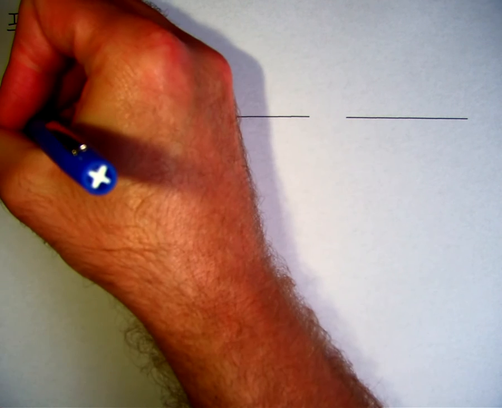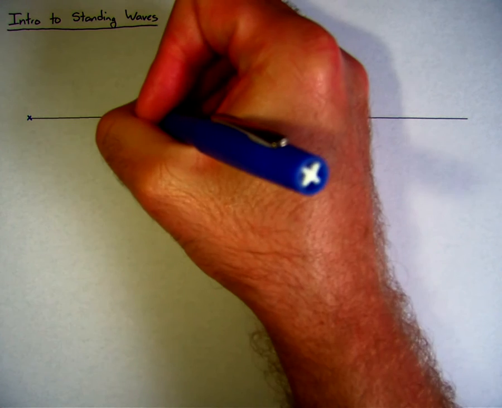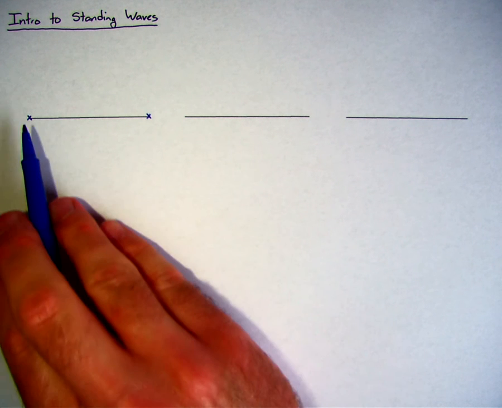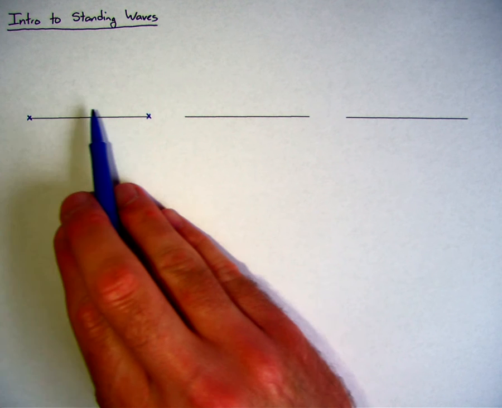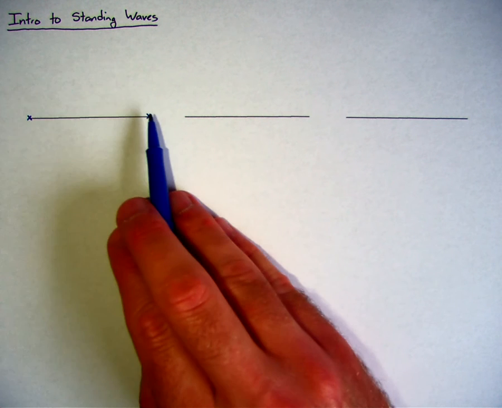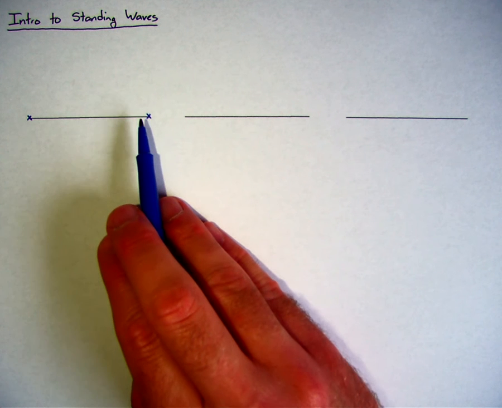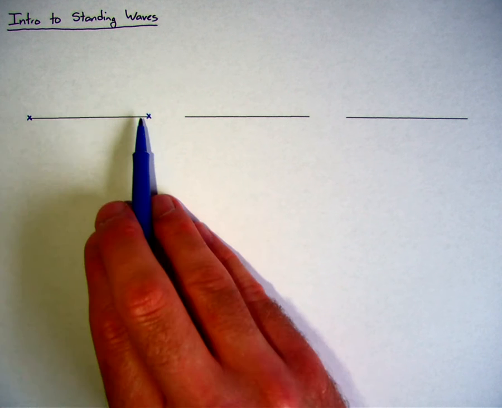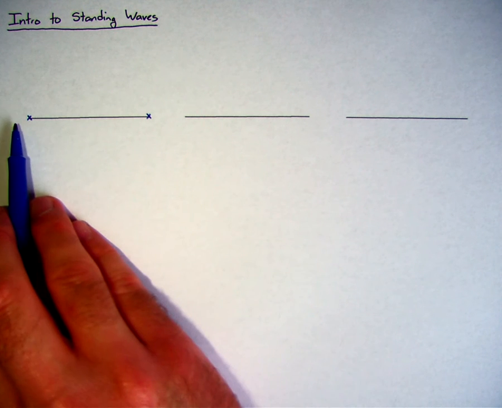So if we have a fixed end here, and if we have a fixed end over here, basically what's going to happen to create a standing wave is you're going to send a wave down this string. Let's just say it's a piece of string. You send the wave down the string, it's going to reflect back, and as we've seen with wave reflection, when it gets reflected back, it's actually going to move to the other side of the medium.